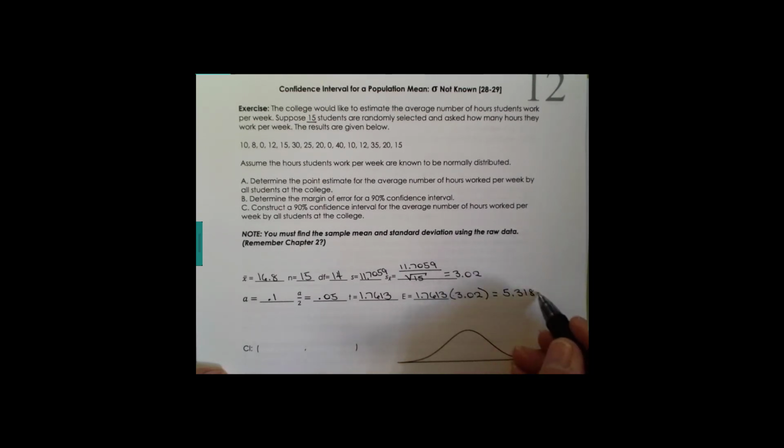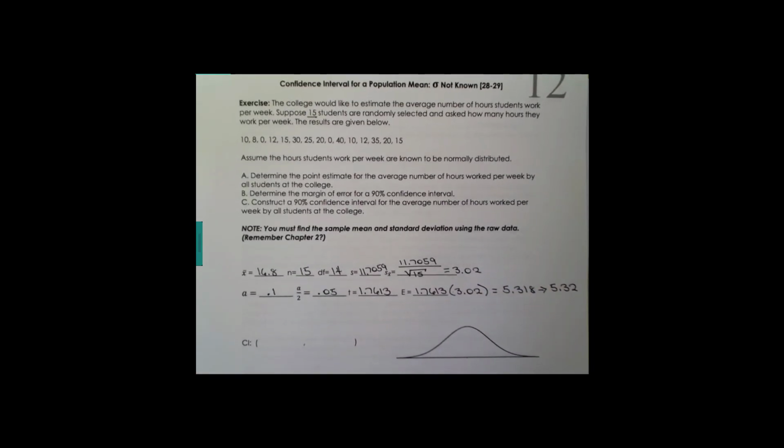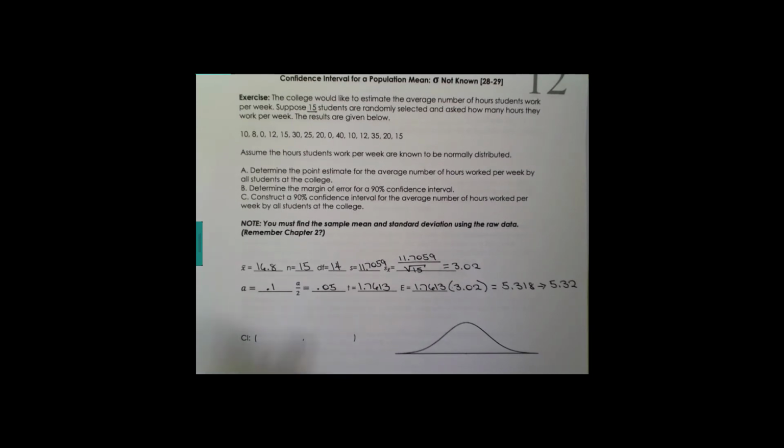I've just rounded it to 5.32. I think you'll find that's what it rounds to anyway when you're going to just 2 decimal places. And now I'm going to say, okay, the point estimate 16.8 minus 5.32 gives me 11.48, and 16.8 plus 5.32 gives me 22.12.